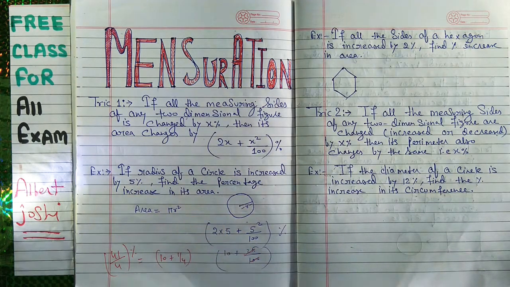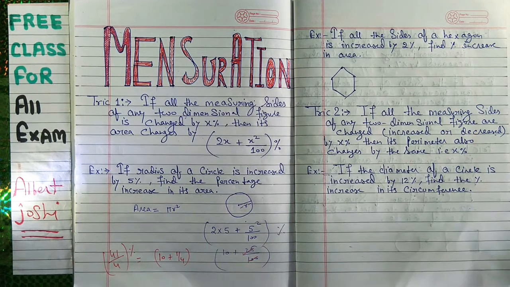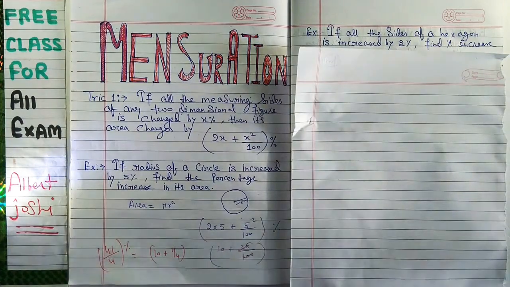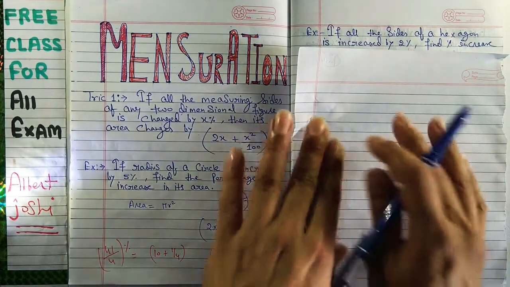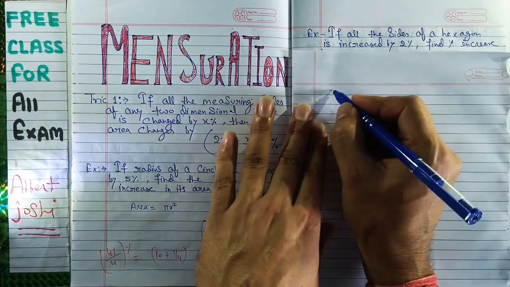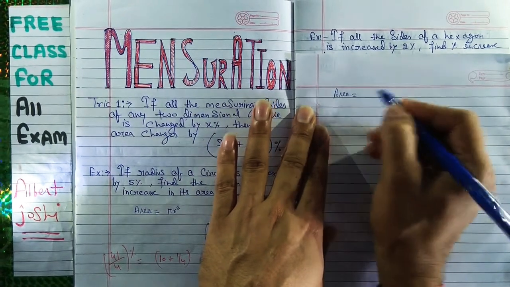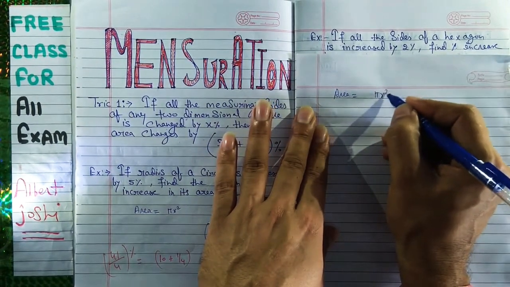Now, how to solve if you do not have this trick? In this condition also I will explain how it works. I will take another page, because there is less space here. You know that the area is equal to pi r square.